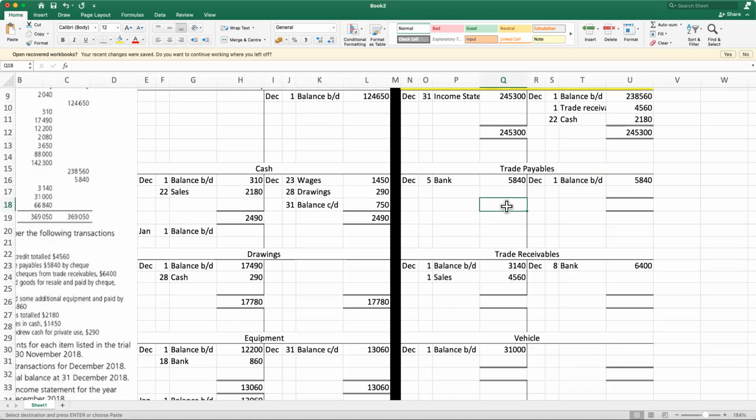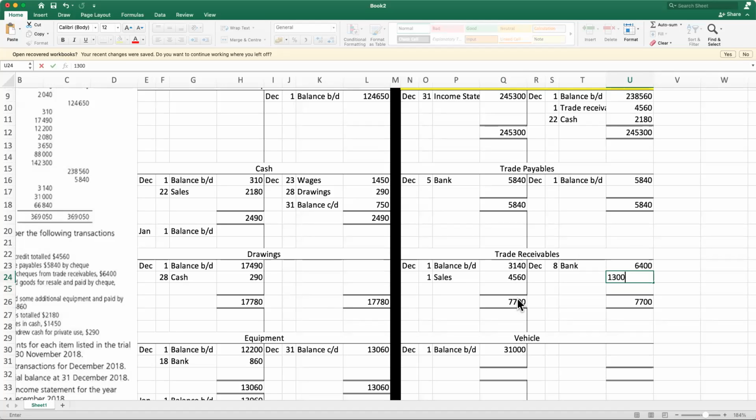Trade payable, you can see that the total on both sides is the same. So just close it. Nothing happens yet, no balance brought down. The same goes for your trade receivable, I assume 3,140 plus this one. Oh, we have some balance here. So we got 7,700 on the debit side, and we pay this amount, so about 1,003 difference.